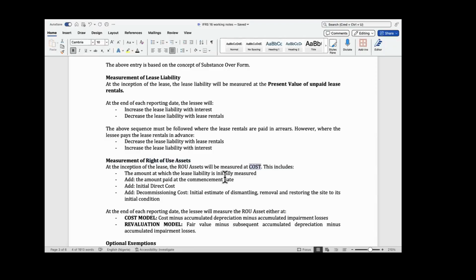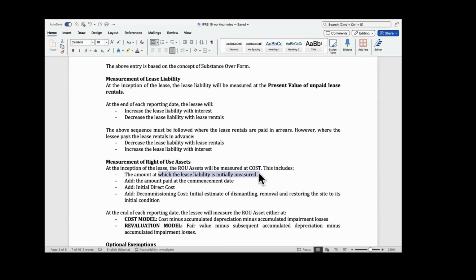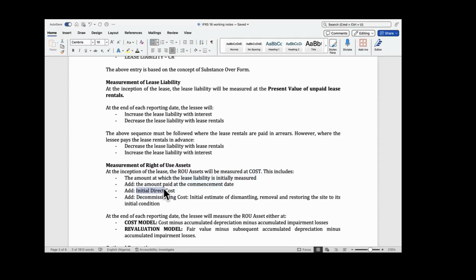And for him, the cost is the total amount of rent he will pay over the lease period, which is segmented into how much he is owing at that date, which is the amount at which we measured the lease liability, and how much he has paid at the commencement date, in case he has paid any deposit. Then we add any initial direct cost and also the commissioning cost.